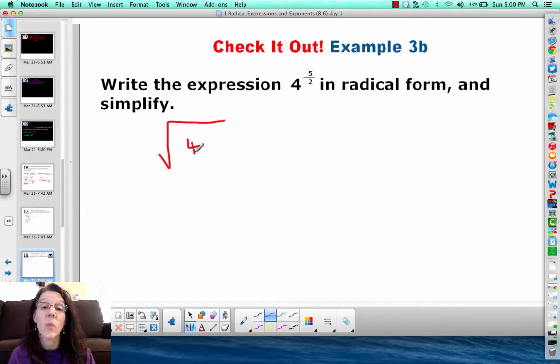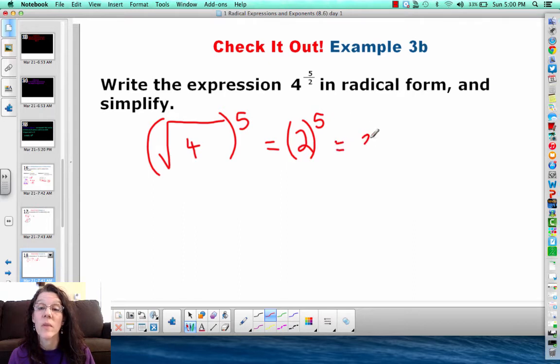So now I've got 4, and I'm going to think of it like this, to the 5th power, because I know what the square root of 4 is. The square root of 4 is 2, and that's to the 5th power. 2 to the 5th power says 2 times itself 5 times. That is 32. That would be my answer, simplified.